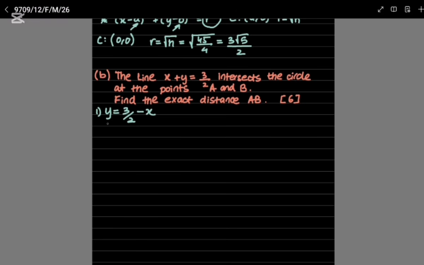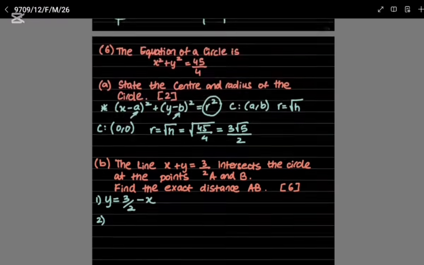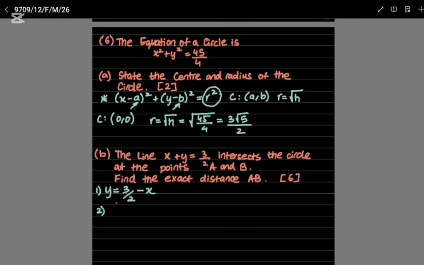That's the first step. Second, you just substitute it into the equation of the circle. x squared plus (3 over 2 minus x) whole squared is equal to 45 over 4.